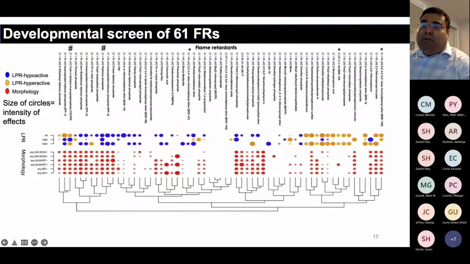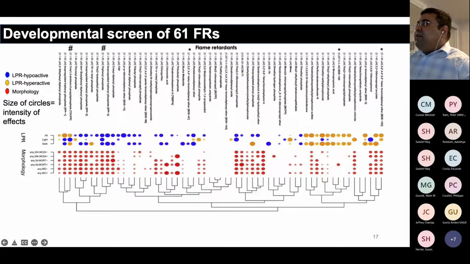If you see a blue or a yellow circle, that means that the flame retardant was positive for a behavioral or an LPR phenotype, blue meaning hypoactive and yellow meaning hyperactive. And the size of the circle denotes the intensity of the effects.